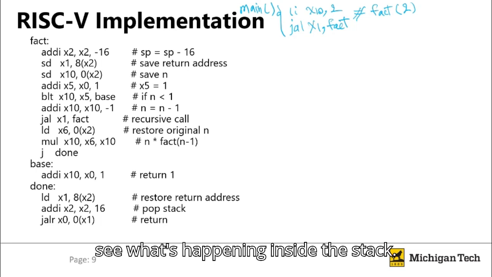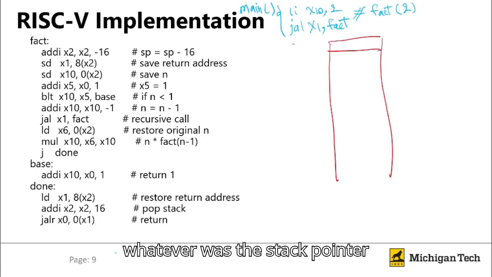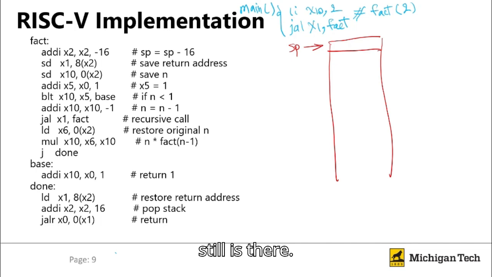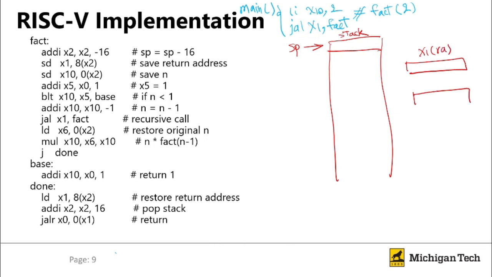Let's see what's happening inside the stack. We didn't touch the stack yet, so whatever the stack pointer was, it is still there. That's the stack. Okay. So we also have register x1, the return address, and x10, which is n.